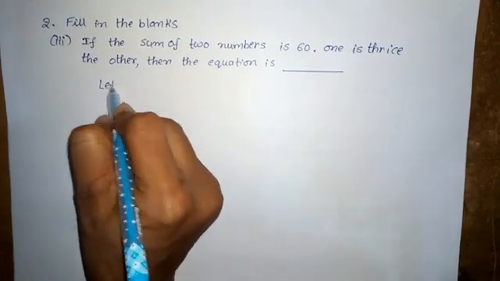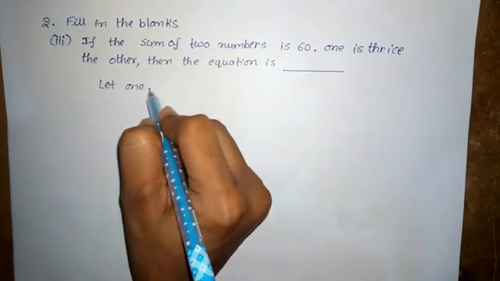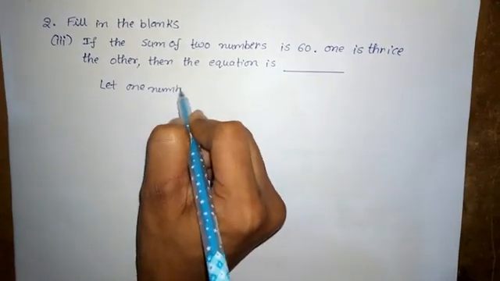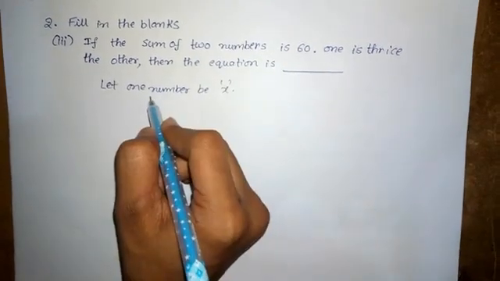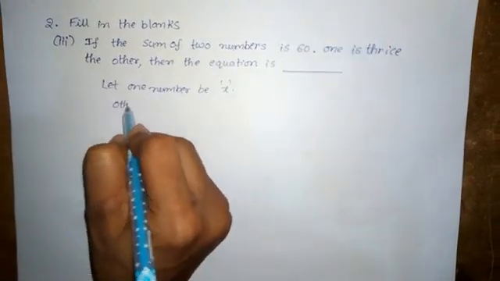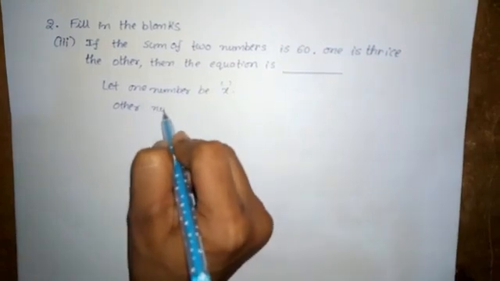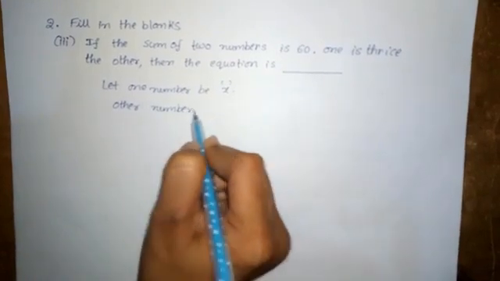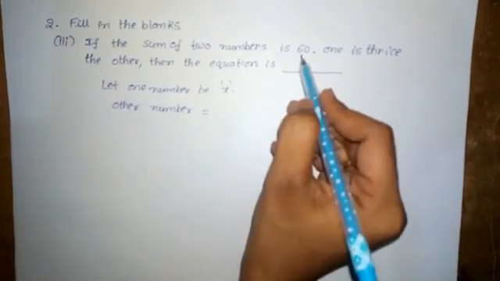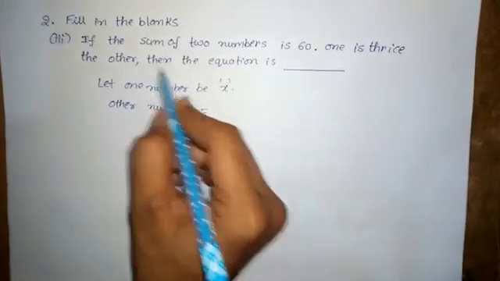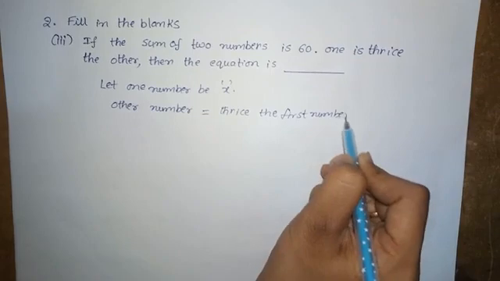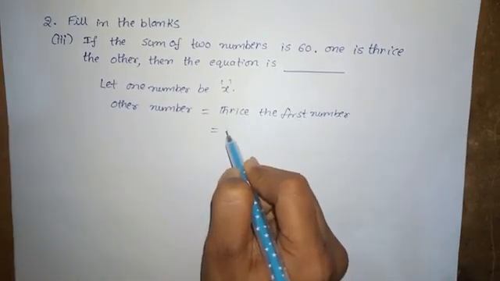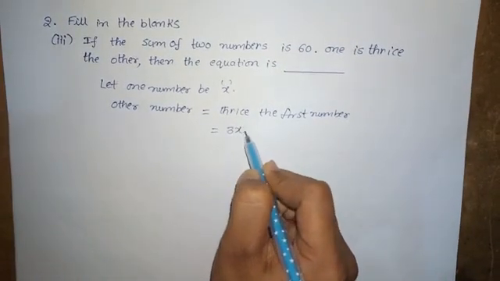So the other number, in the problem given, one is thrice the other, so the other number is 3 times the first. So that is equal to 3 into x.